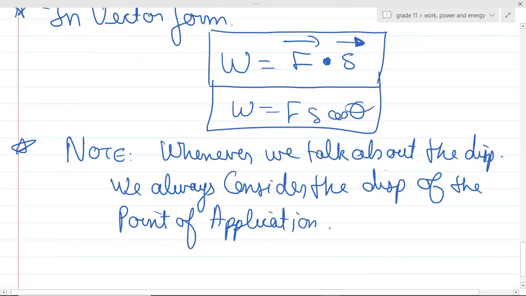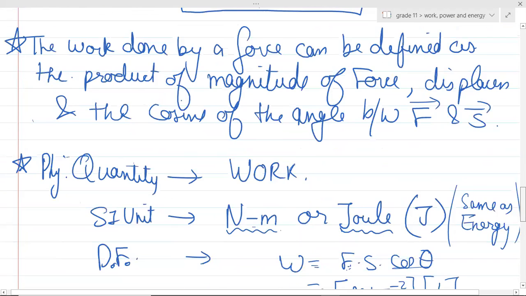Always remember, whenever we talk about the displacement in work, we never talk about the displacement of the object. No, no, not at all.